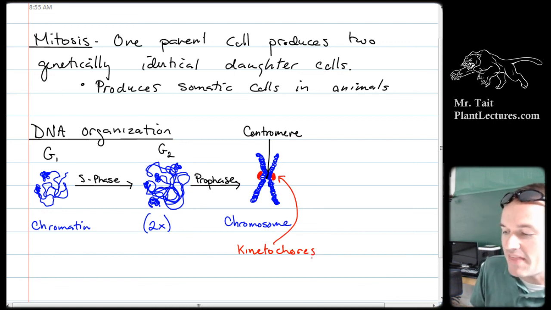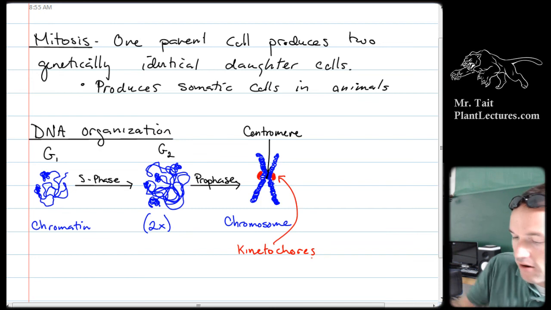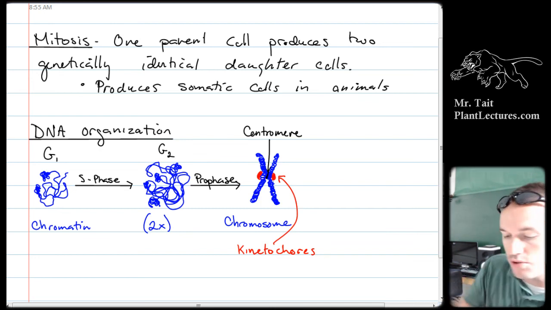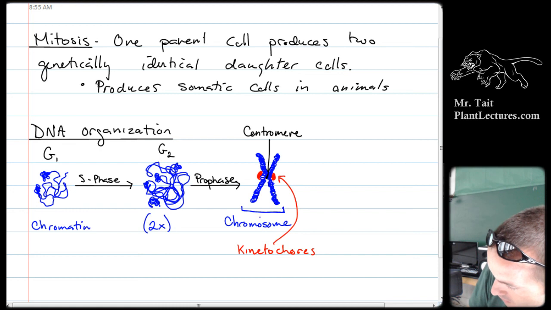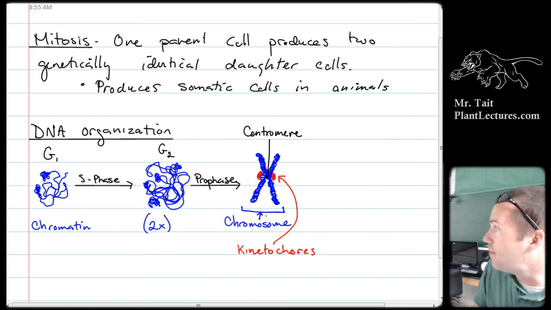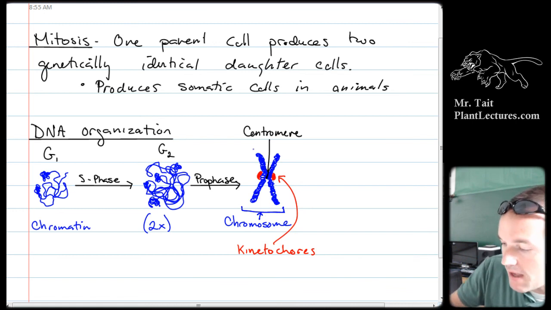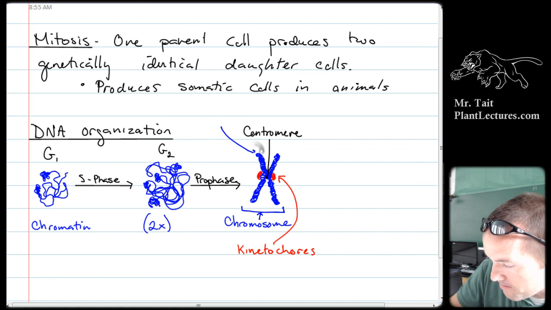And then, interestingly enough, there is another way that we can refer to both of these individual parts of the chromosome. Together, they make up one single chromosome. But individually, they make up something that are called sister chromatids.